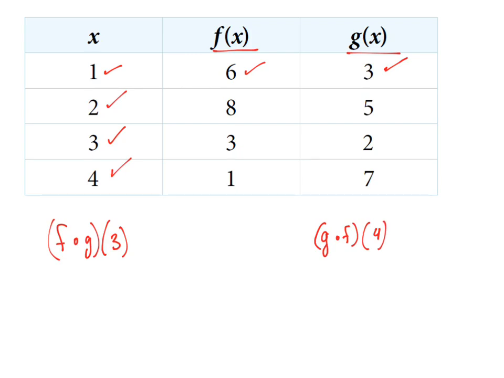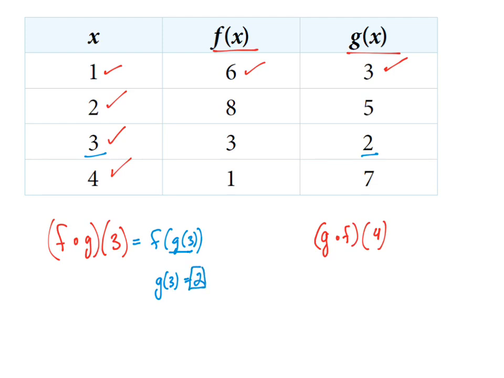So this first one, f circle g of 3, how we can think of that is f of g of 3. And so what this means is we need to evaluate g of 3 first, and then whatever we get, we're going to input that into the f function. So g of 3, we're going to go down to 3, and then in the g function, when we put 3 into the g function, we get 2.